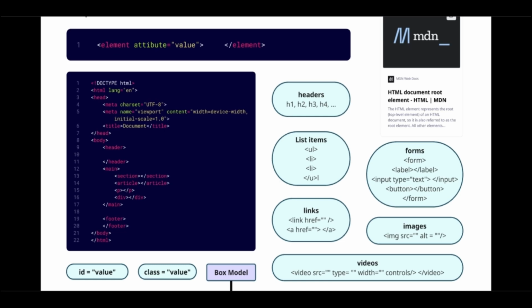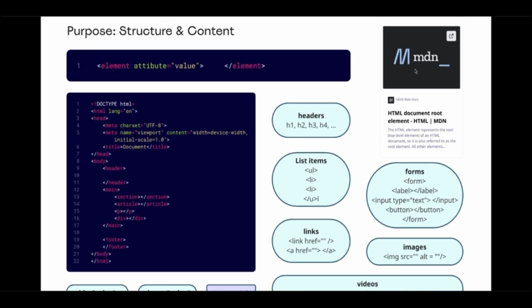I also want to mention for each of the topics that we're going to talk about, I have links here to an MDN document, which gives you detailed instruction on each of the types of that. So that's often a very good resource to use for that.